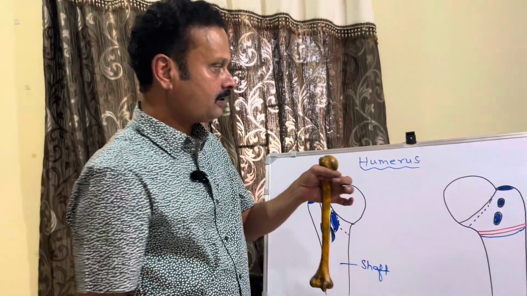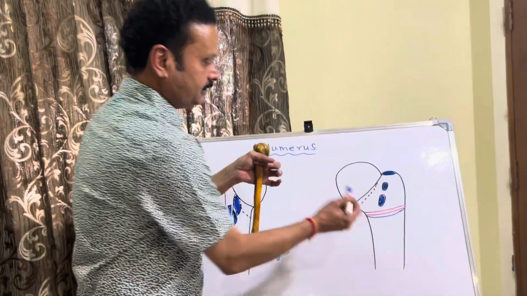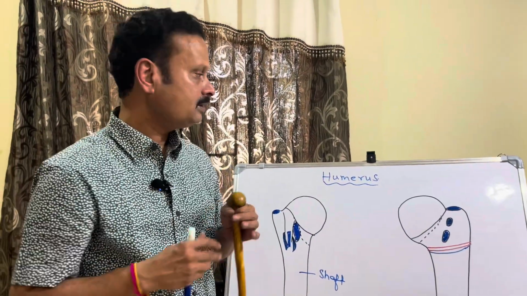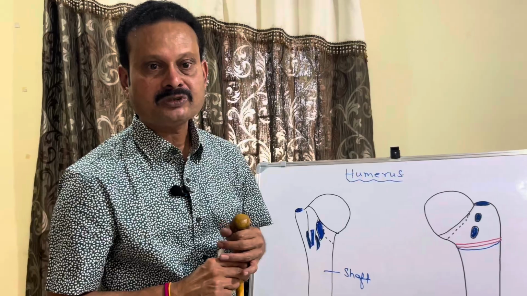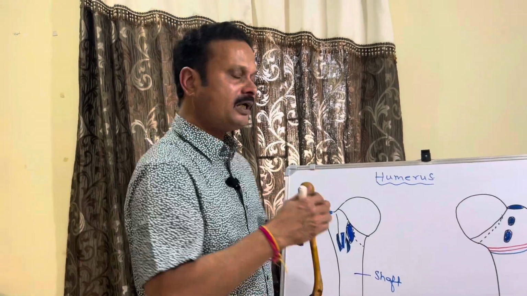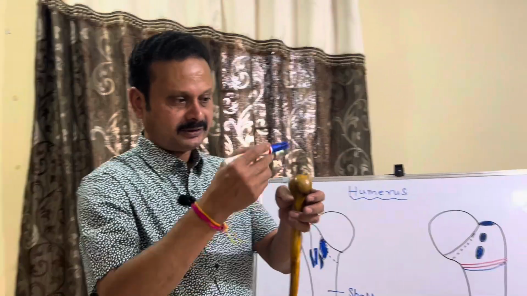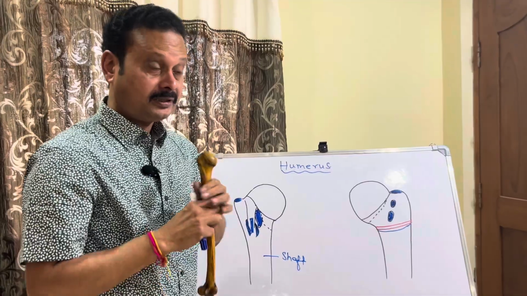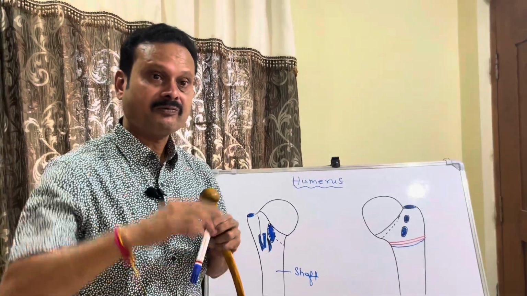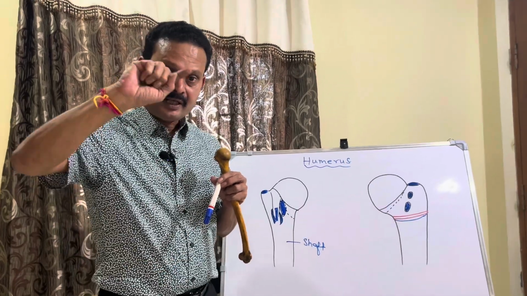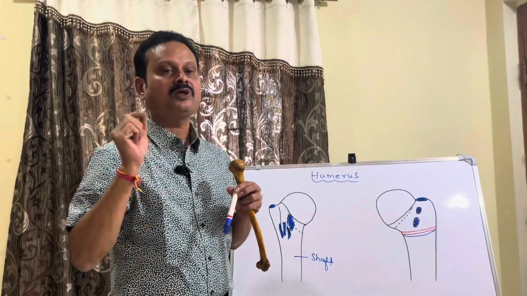This surgical neck is related to the axillary nerve and anterior and posterior circumflex humeral vessels. We have one more neck inside. If you take a longitudinal section of the bone, there is a color demarcation between the epiphysis and the diaphysis, and that junction we call the morphological neck.